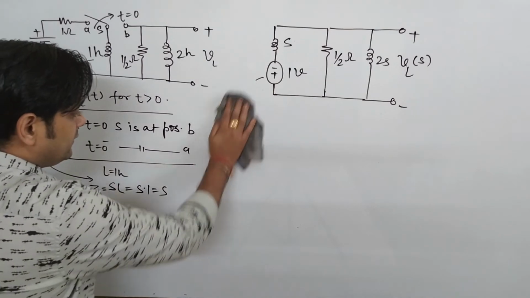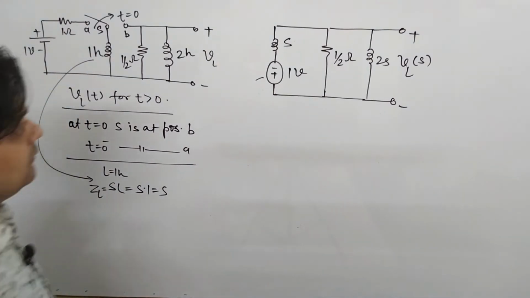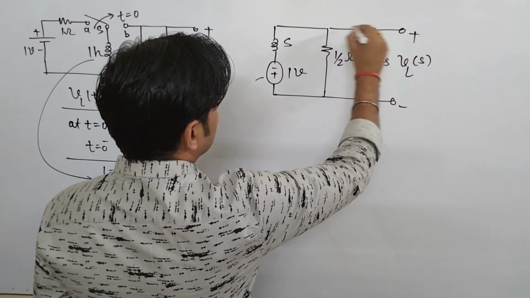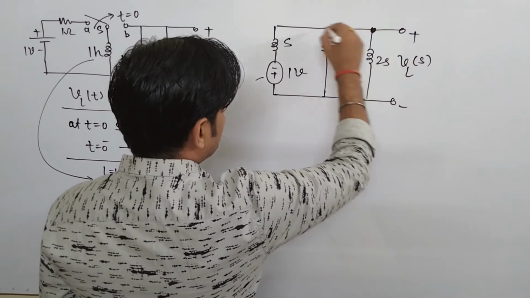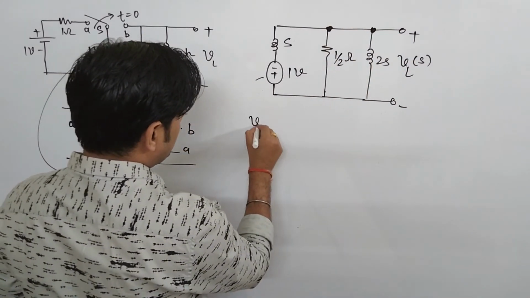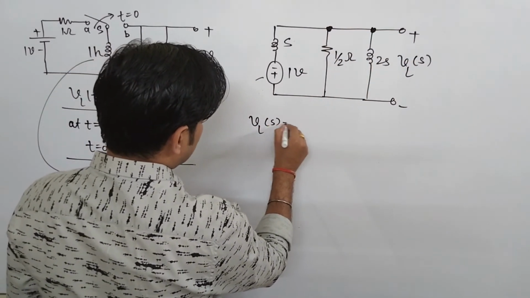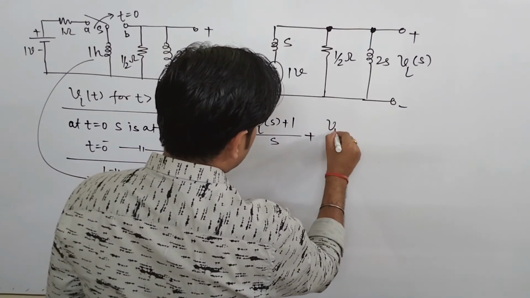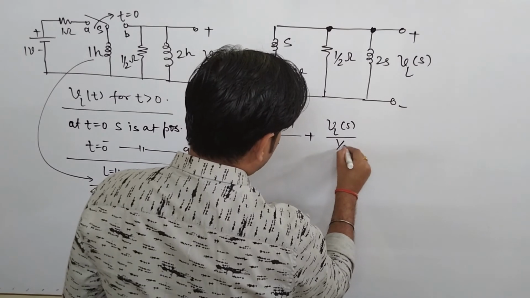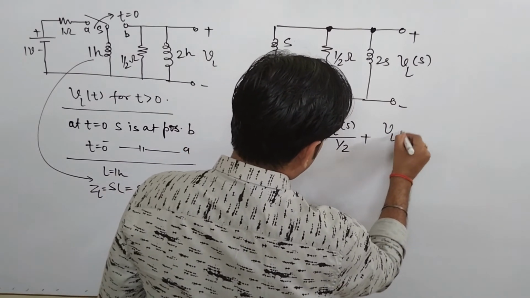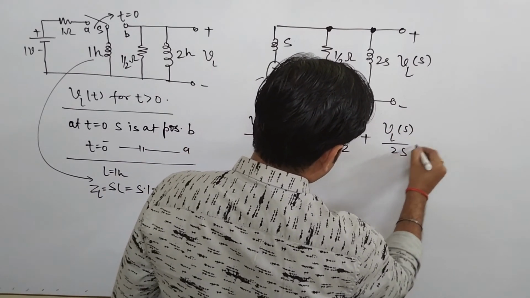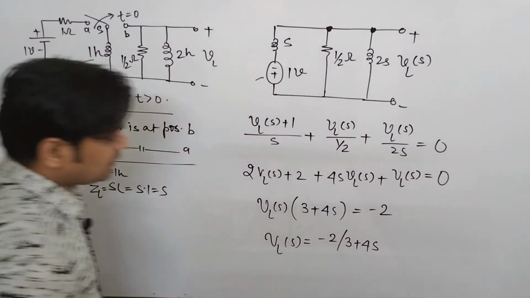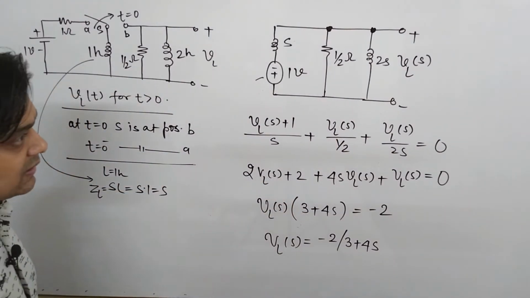Simply you can apply one KCL at these nodes, because at these nodes the voltage is VLS, so that comes to be VLS minus plus 1 upon S plus VLS by 1 by 2 plus VLS by 2S. So this is the value of VLS, minus 2 by 3 plus 4S.